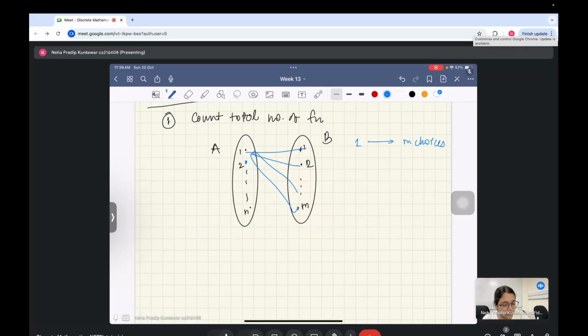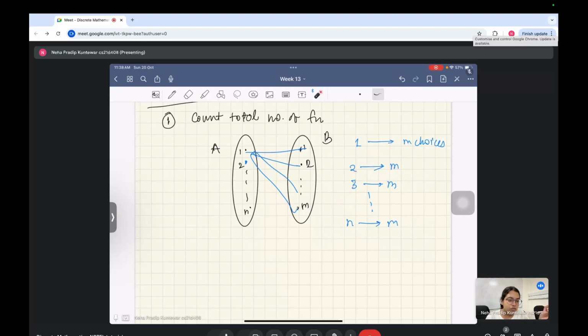For the second element here, again there are m choices, because I'm just counting the total number of functions. So it could also go to any one of them. So that is also m. For the third element also we have m choices, and so on. So for all the n elements there are m choices independently, and we are simply interested in the total number of functions. So the total number of choices for 1 and total number of choices for 2, and so on.